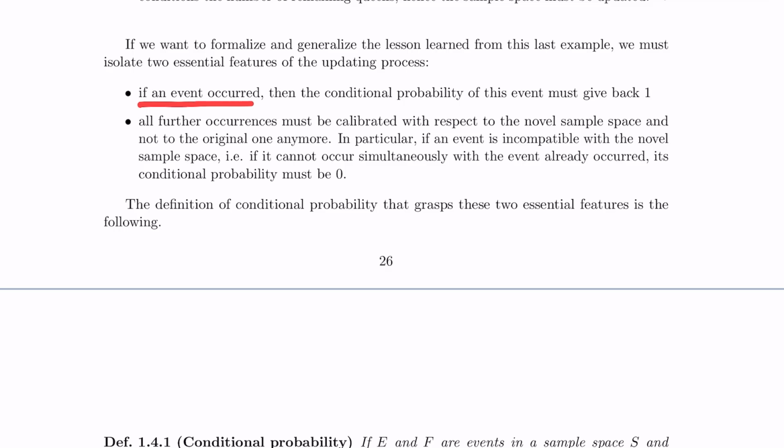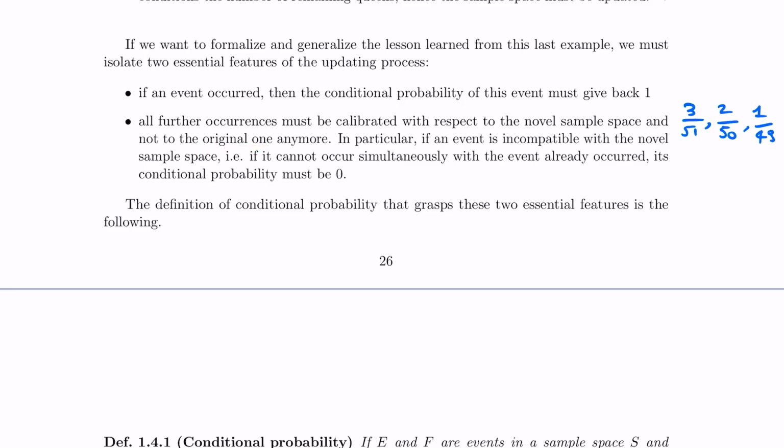If an event occurred, then its conditional probability must be 1. Why that? Well, because if we are under the hypothesis that an event occurred, what's its probability of occurrence? Of course, it is 100%, that is 1. Moreover, all further occurrences must be calibrated with respect to the novel sample space and not with respect to the original one.